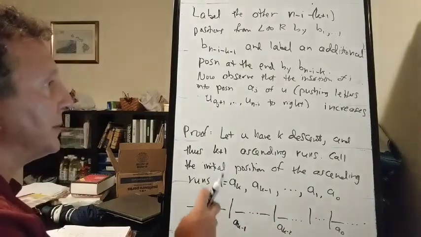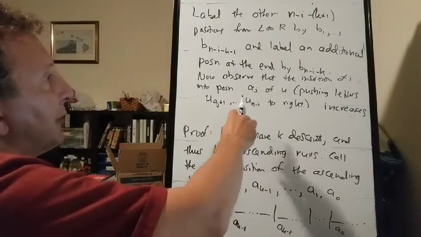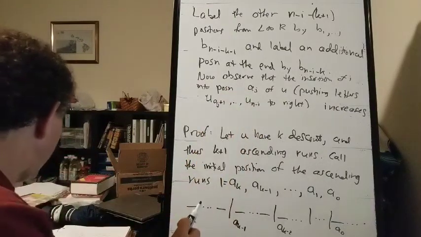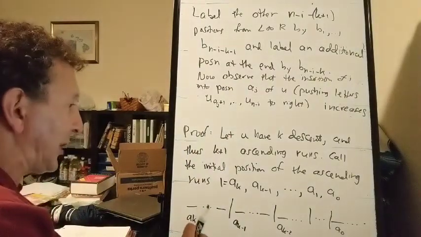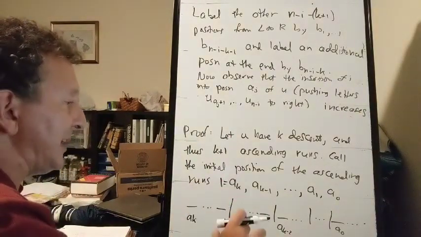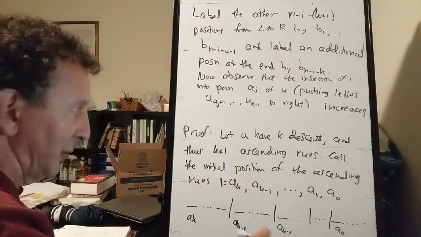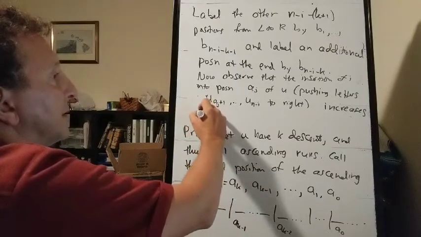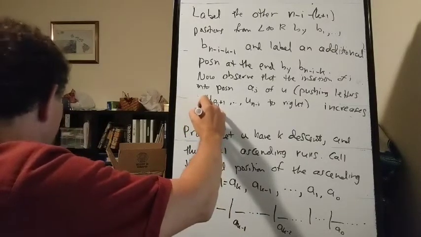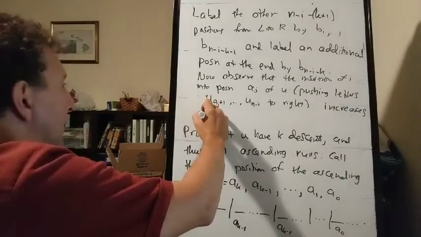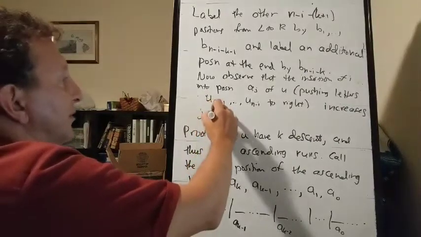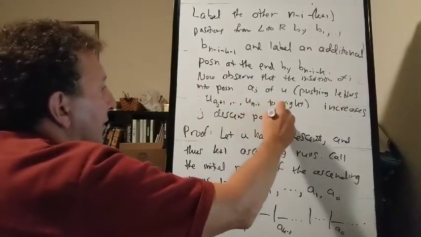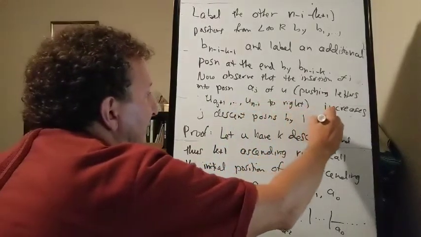But if we insert the new letter into position AJ, then we're going to move J descent positions one place to the right, which increases the major index by J. So this increases J descent positions by 1 each.